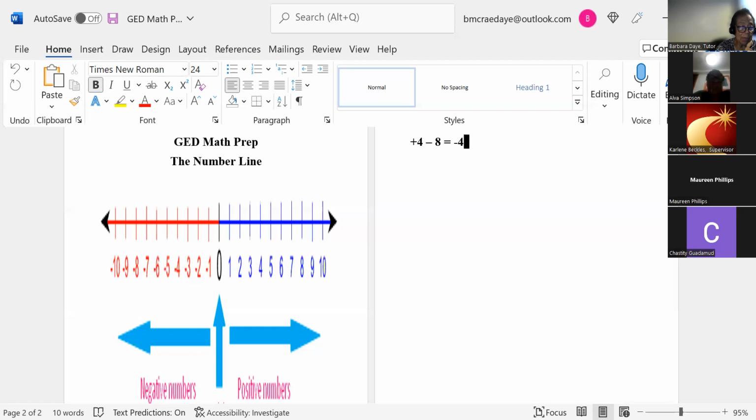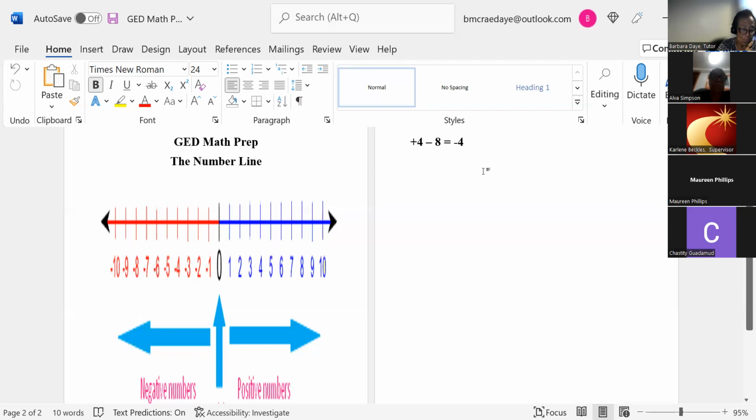Okay. And if I had a 3 and I wanted to add, say, a 7, right? So 3, count over 7 spaces from the 3, what do you get? I'm just doing +3.